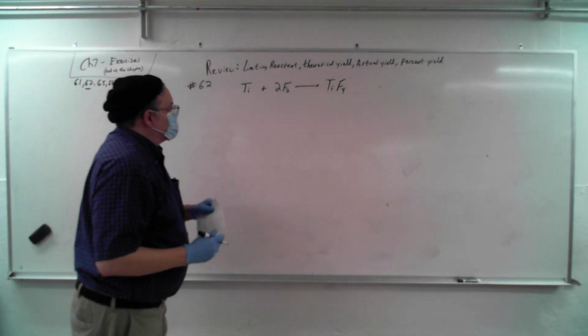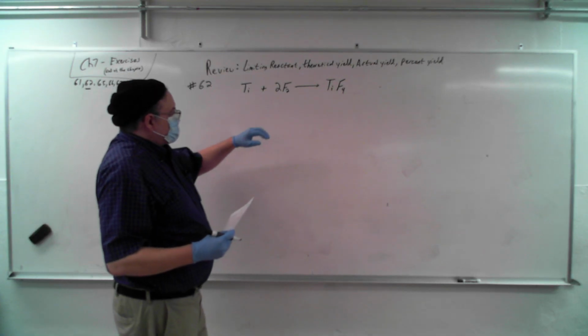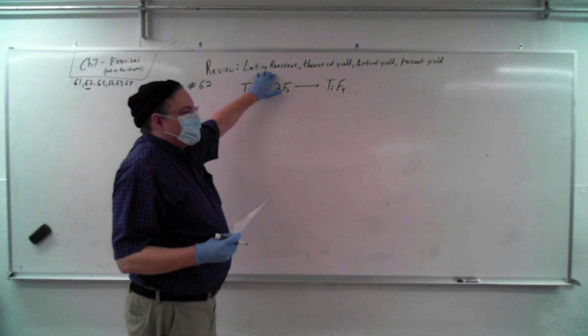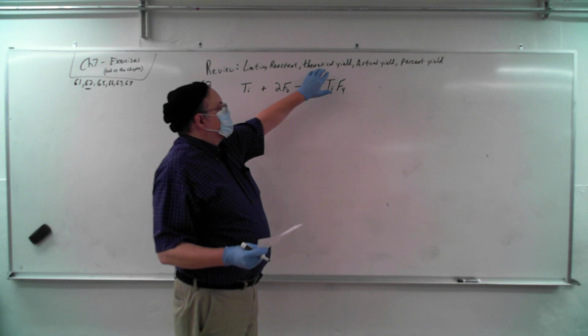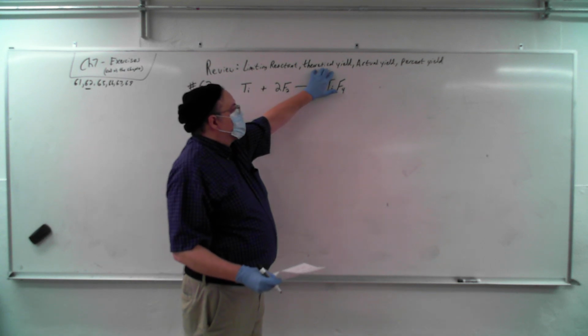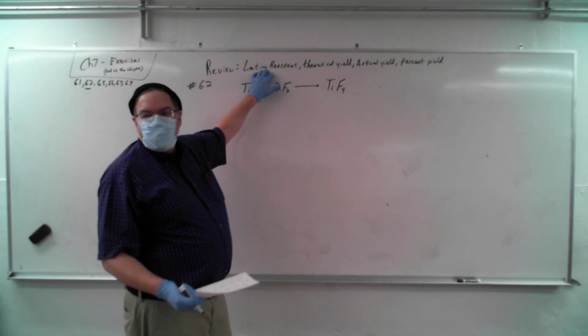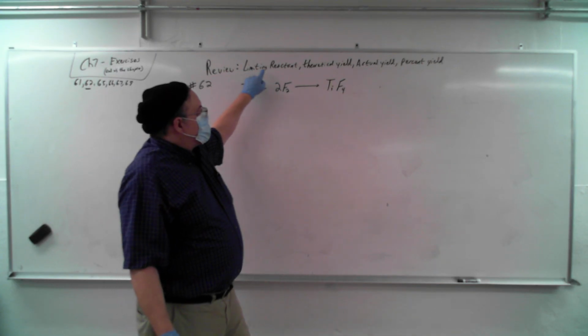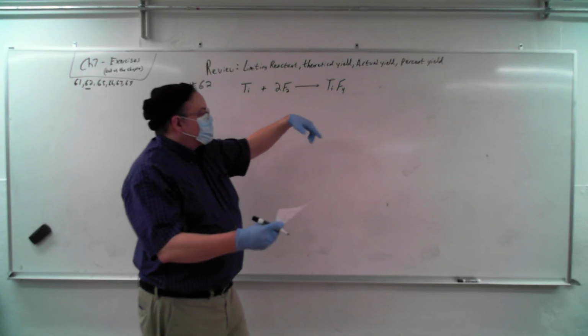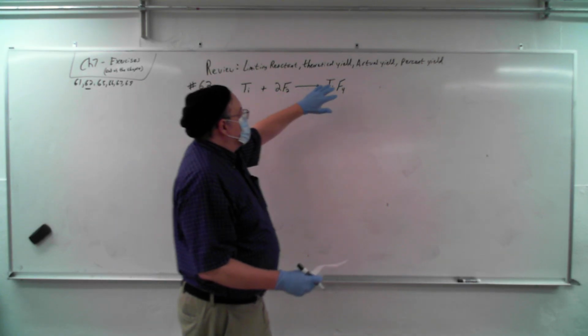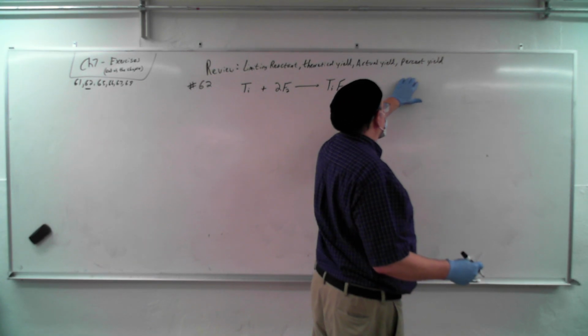For these types of questions, sometimes you're just asked for the limiting reactant. Actually, usually sometimes you're just asked for the theoretical yield. But to get the theoretical yield, you've got to find the limiting reactant first. So these are all really kind of in order. And then some of these questions have you finish off with the actual yield and the percent yield.